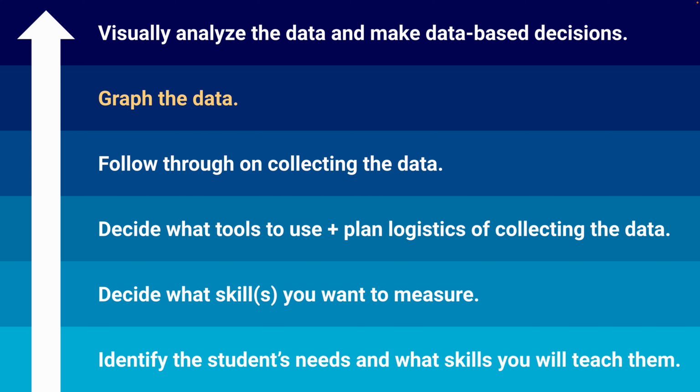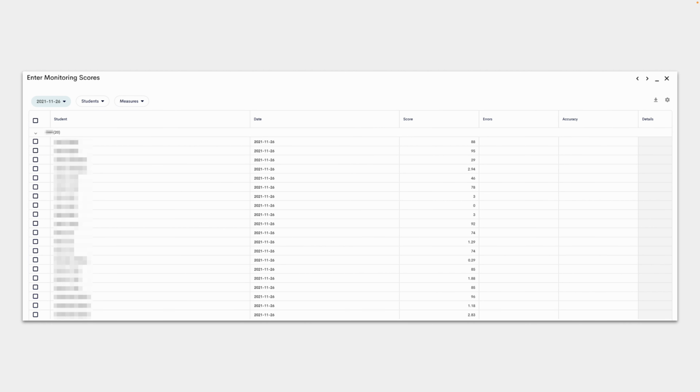Then actually graphing the data. And you see I came back to that same screenshot because every decision that I've alluded to up to this point sets us up to think about that person sitting in that chair, opening their laptop, their Chromebook, opening up the program, the website to enter scores.